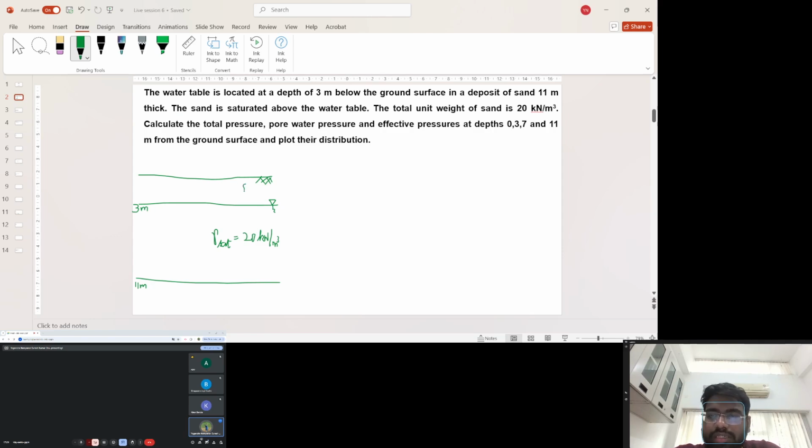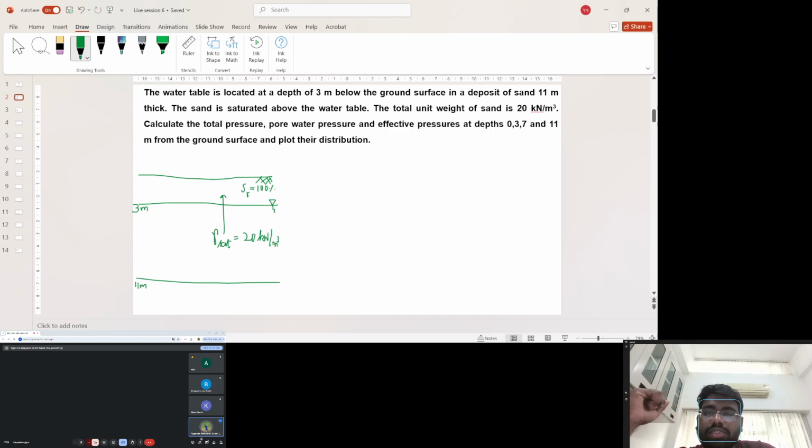That is, the degree of saturation here is 100%. So the same gamma sat can be used here also. Now we have to plot total pressure, pore pressure, and effective stress at the depths 0 meters, 3 meters, 7 meters, and 11 meters.